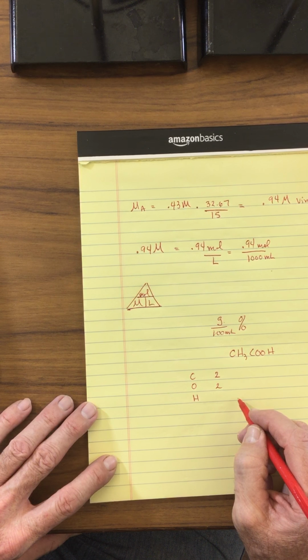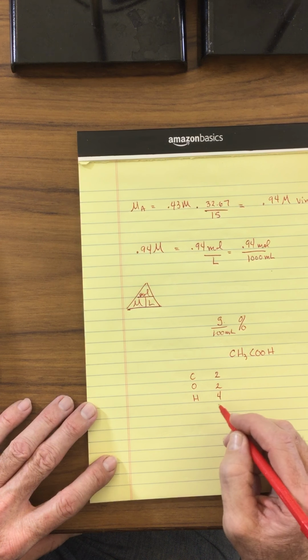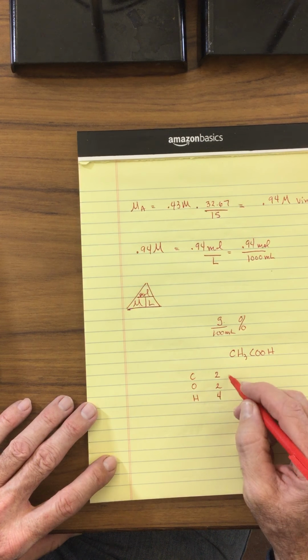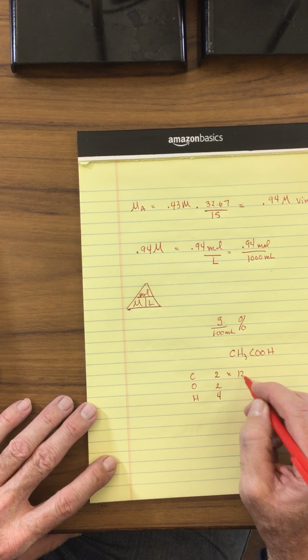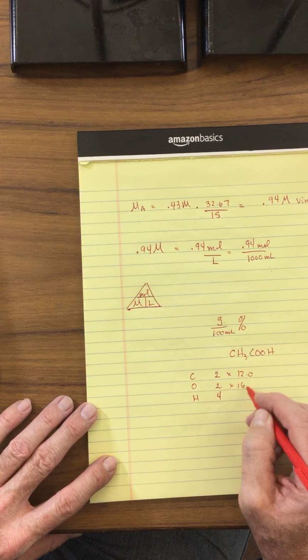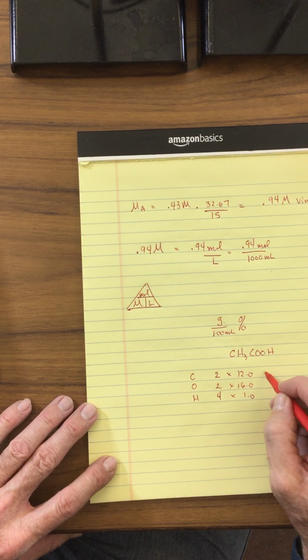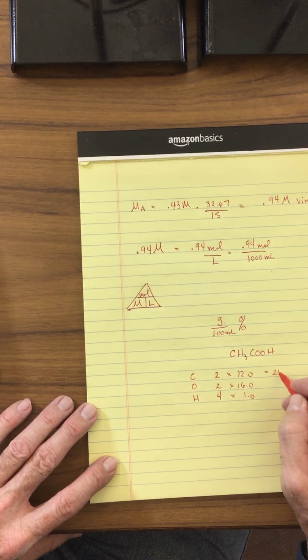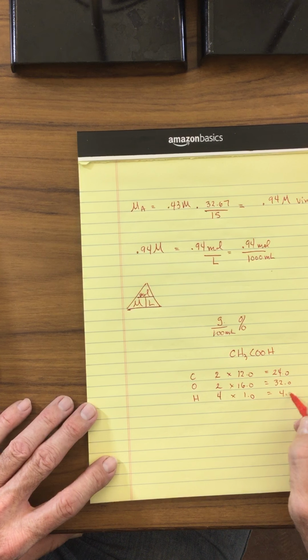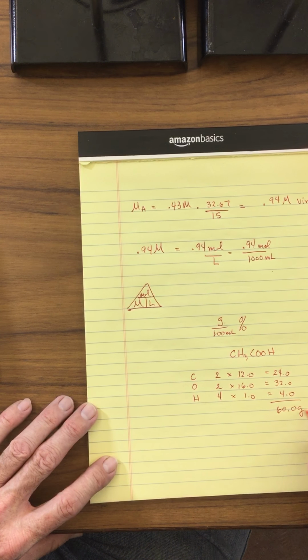Oxygens, 2. Hydrogens, 4. Each carbon weighs a mass of 12. Each oxygen weighs 16. Each hydrogen weighs 1. 2 times 12 gives me 24.0. This gives me 32.0. This gives me 4.0. If you add 24, 32, and 4 together, you get 60.0 grams.